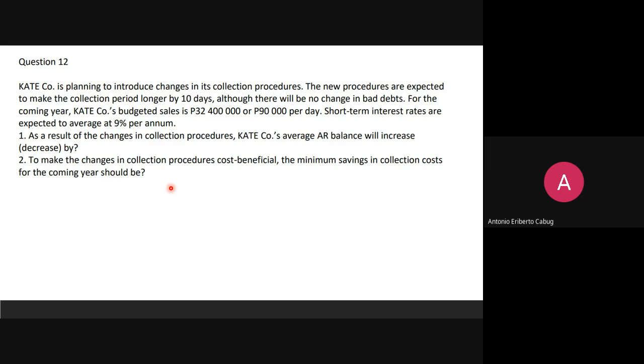Question 12, number 1 and 2. Sabay nyo na lang ang answer.